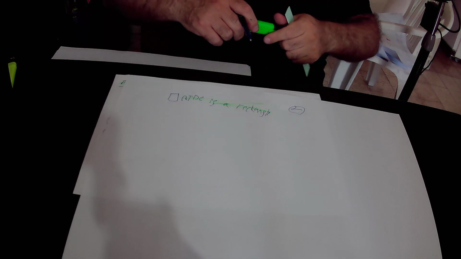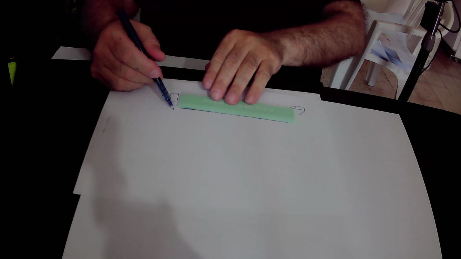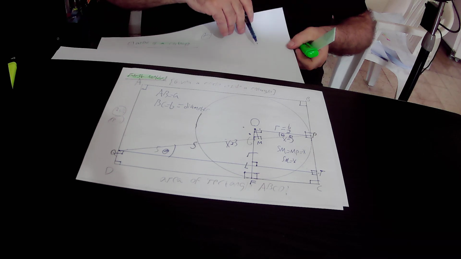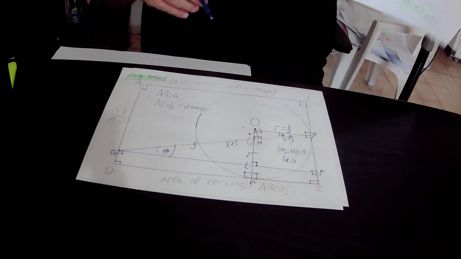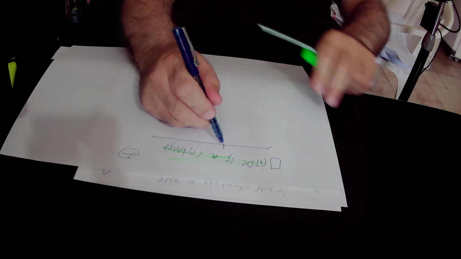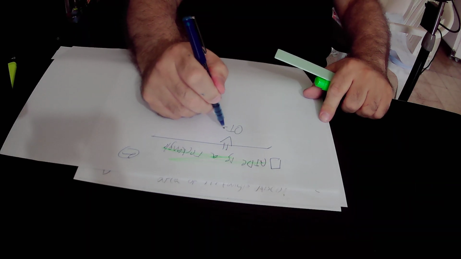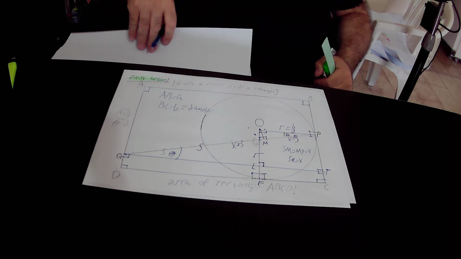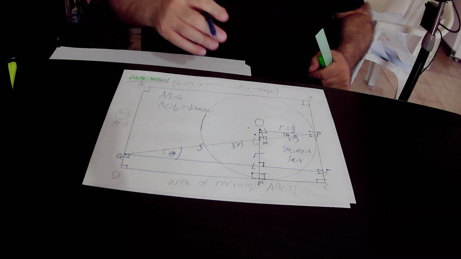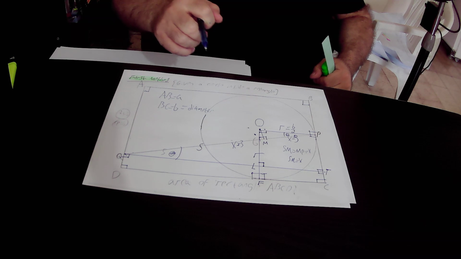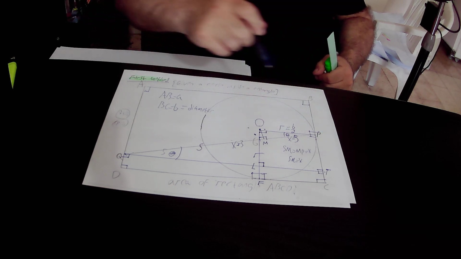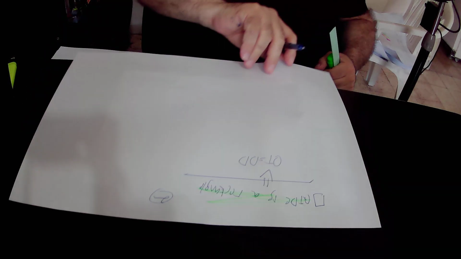And we also know that the opposite sides of a rectangle are equal to each other. That is to say, side QT must be equal to side DC. But we know that ABCD is a rectangle and the opposite sides of rectangle ABCD are equal to each other. That is to say, DC equals AB.